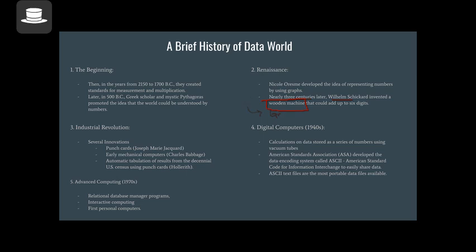So if you look at the evolution here in terms of the use of data, very early on we tried to make sense of numbers, followed by representing numbers in the form of graphs, followed by developing tools like machines that could actually manipulate these numbers. You see the slow progression here. Then something more happened during the industrial revolution and even more during digital computers.